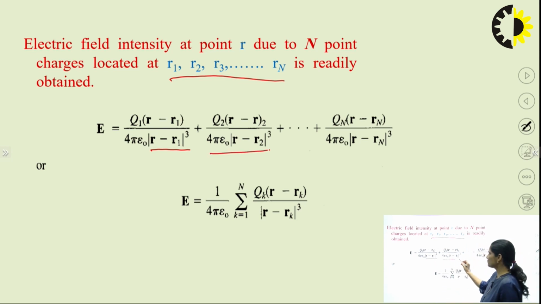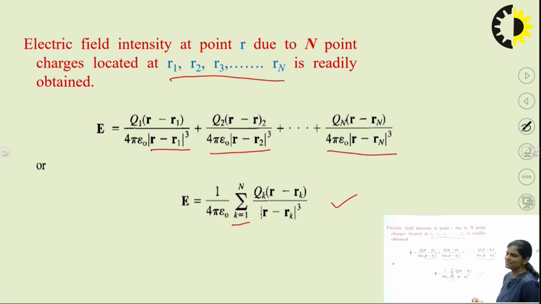Now here this is for the second point and this is for N. Now this is the general formula. E electric field intensity is equal to 1 upon 4 pi epsilon naught, summation with K ranging from 1 to N, Q K into R minus R K upon magnitude of R minus R K cubed. So this is the general formula when you have n-point charges.